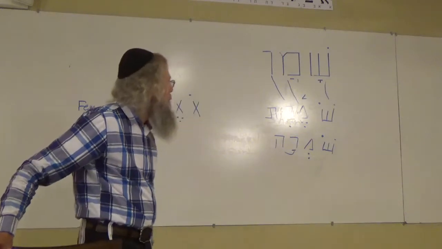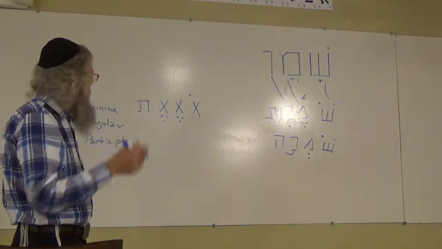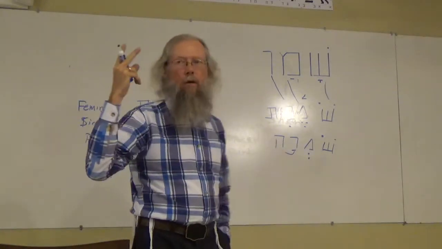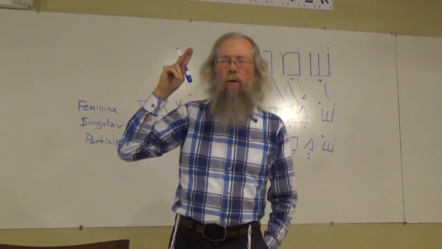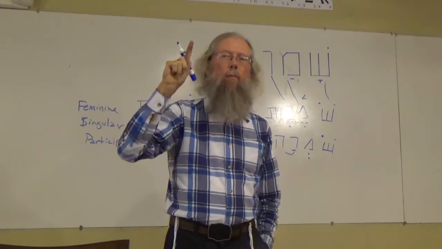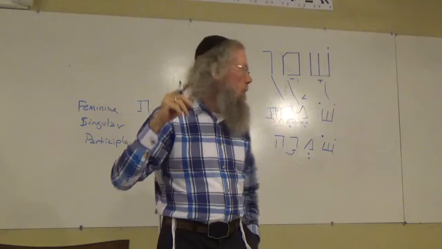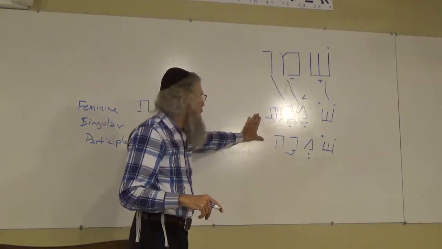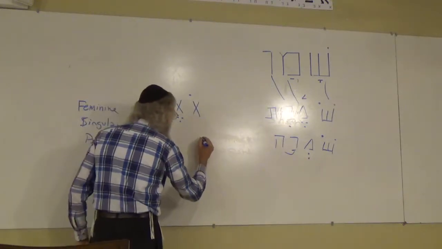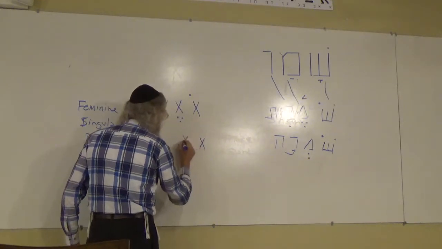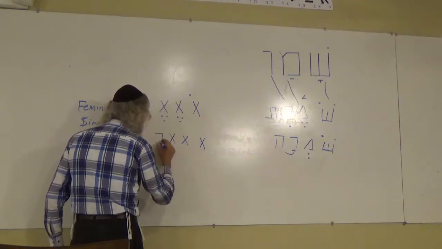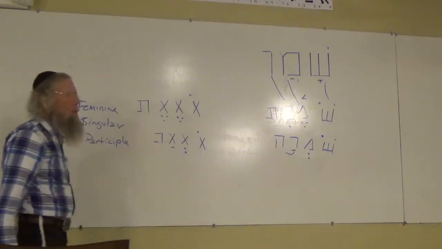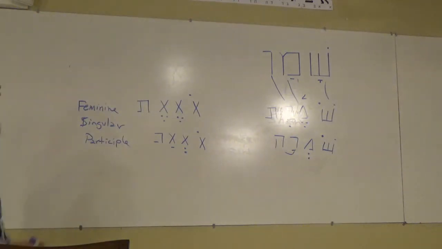All right. So, one more for you. There can be two feminine singular forms. Either of these is feminine singular. By the way, the second one I'll put here, the formula. Sorry.